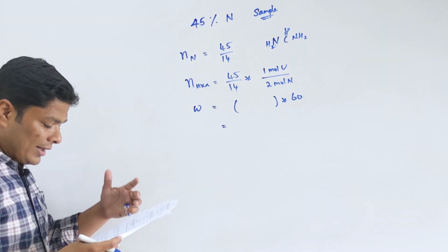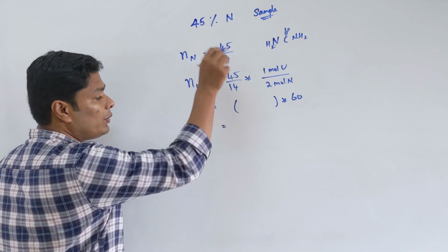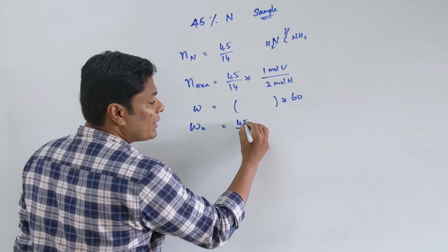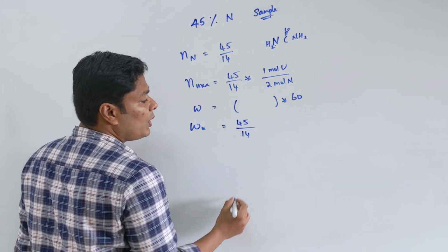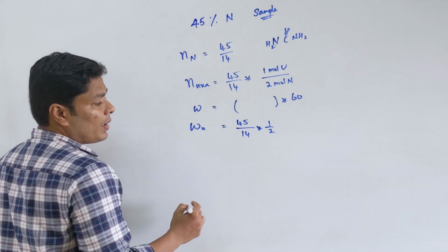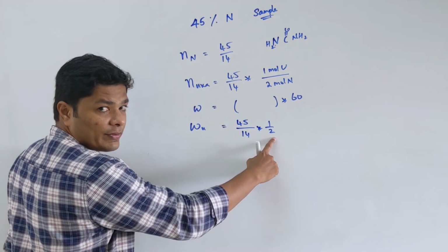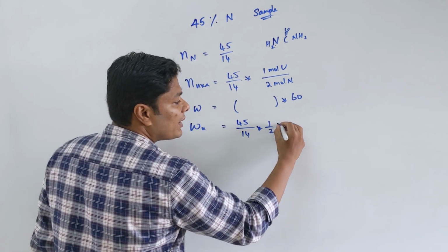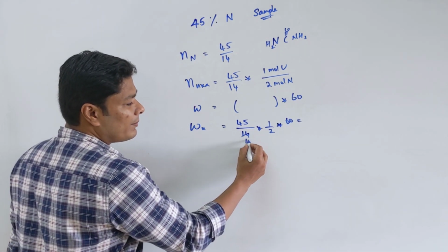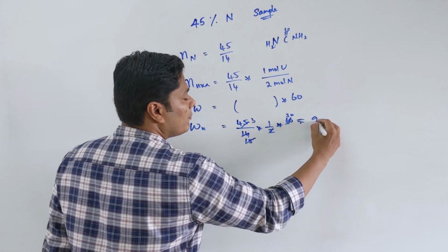If you calculate it roughly, let's do this. I can do the mass of urea all in one step. I start with grams of nitrogen, over molar mass of nitrogen gives moles of nitrogen, times 1/2 gives the molar ratio. From moles of A, through the molar ratio, I go to B, and moles of B times molar mass will give you mass of B. I can take it as 15 roughly, times 3, so roughly 90.